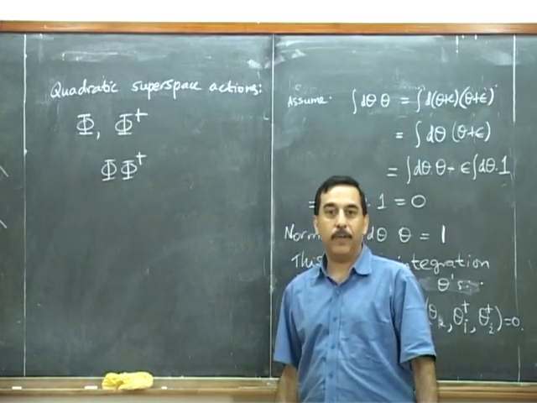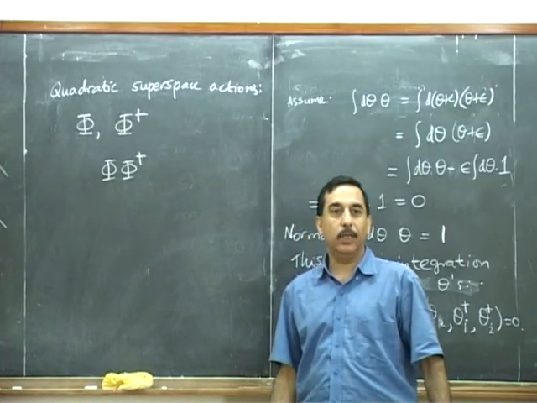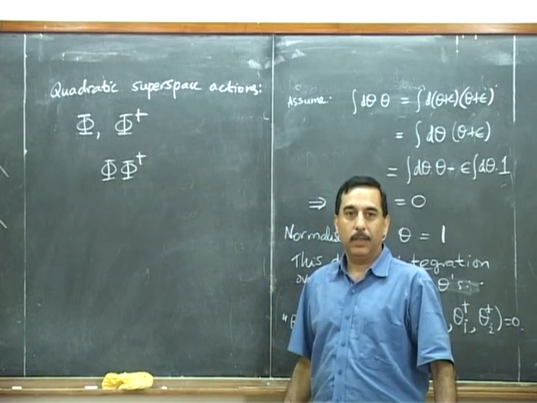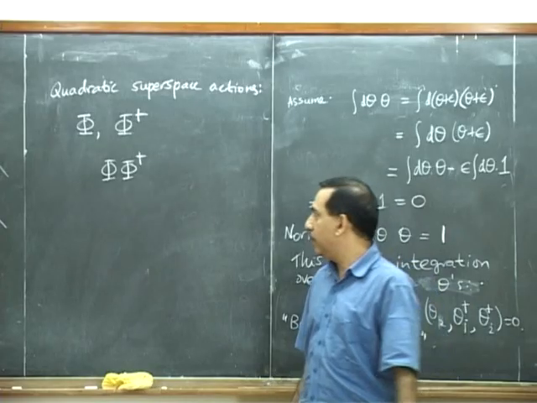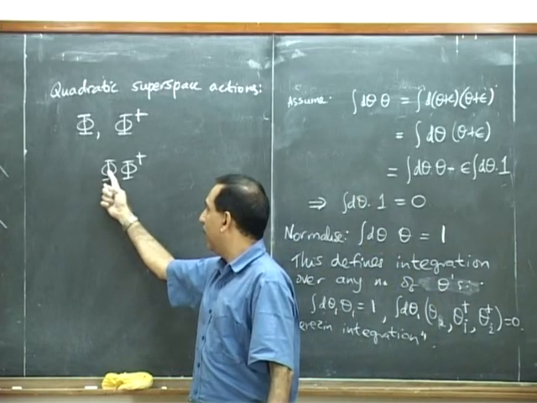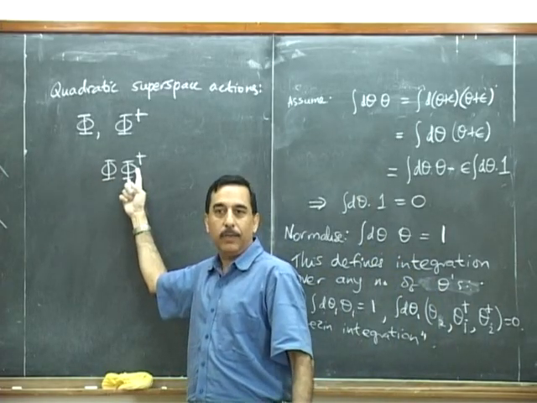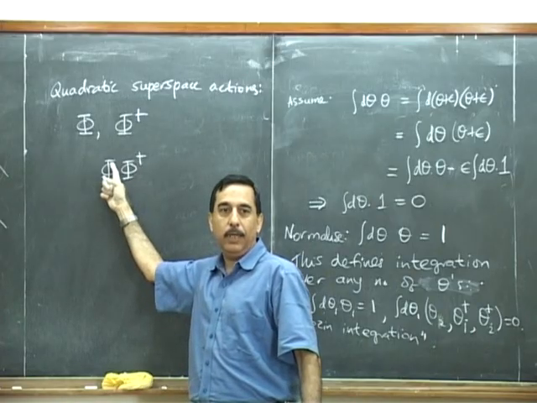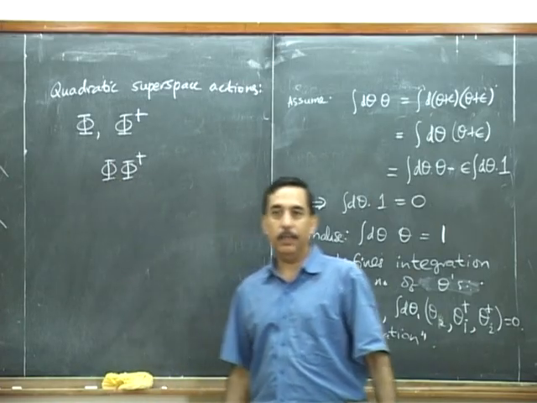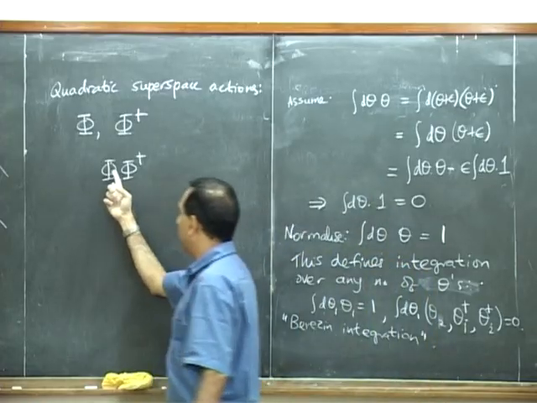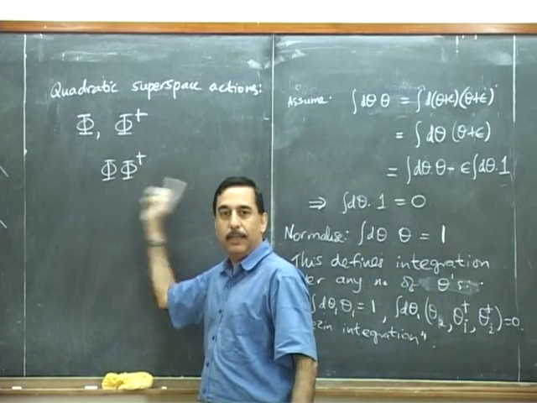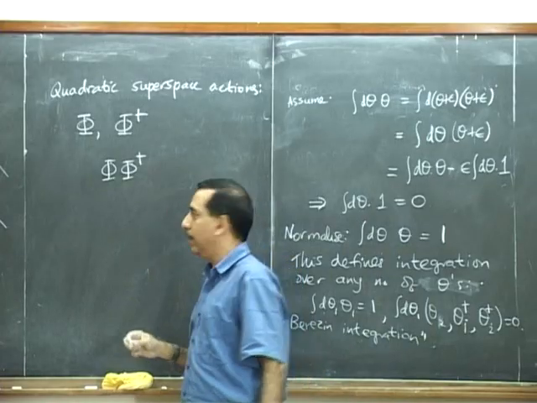Notice that when I multiply phi with phi dagger, the result is no longer a chiral superfield, nor an anti-chiral superfield. That's because if I act with D dagger, that will annihilate this but not that. If I act with D, that will annihilate this but not that. So it doesn't have any chiral constraint, and therefore it depends on x, theta and theta dagger in an essential way.